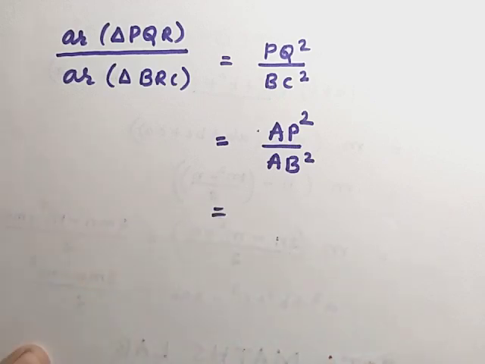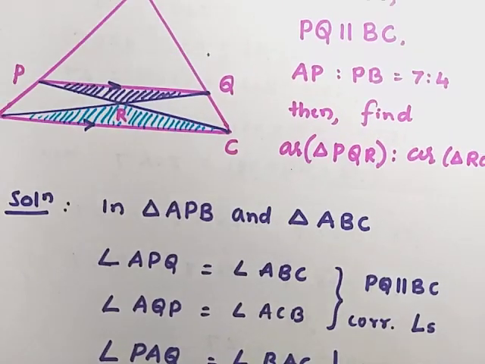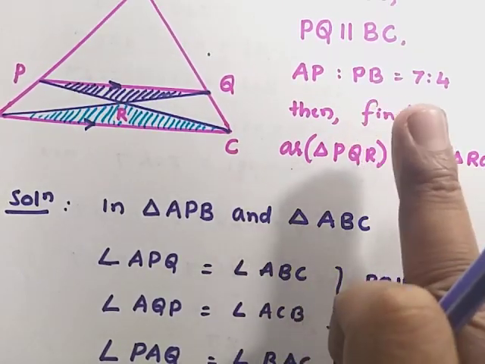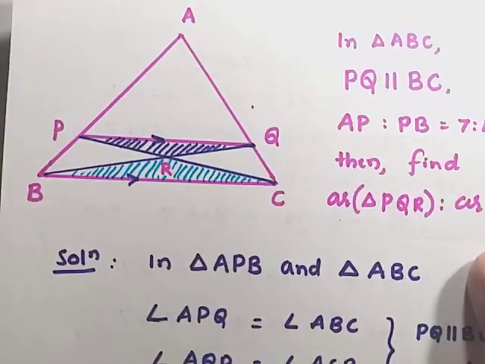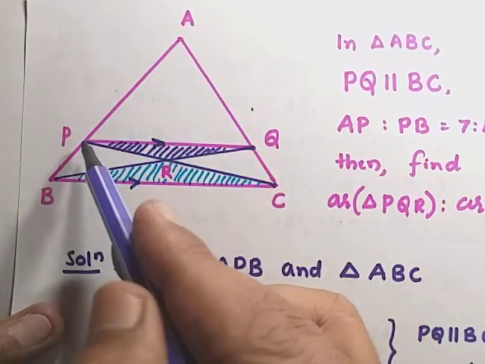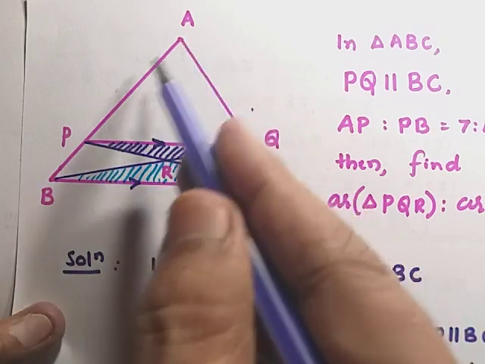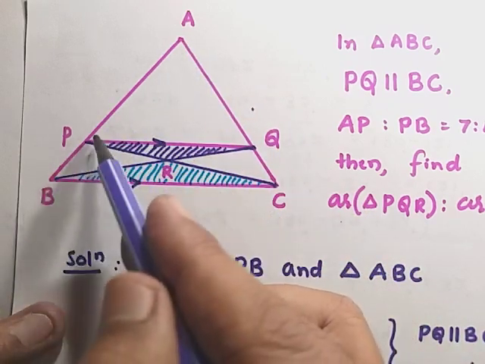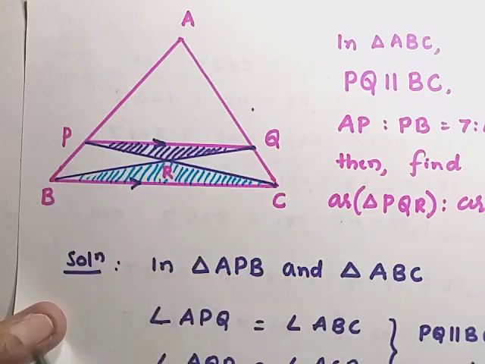Friends, again we go back to our data. The question says AP is to PB is equal to 7 is to 4. That means AP is 7 times some value and BP is 4 times some value. Therefore AB is 11 times some value.